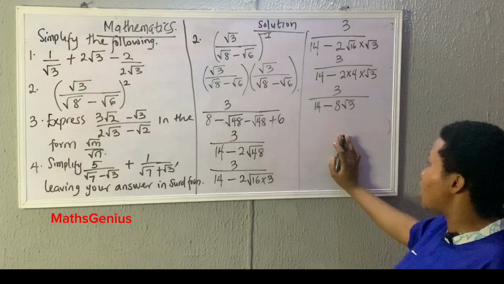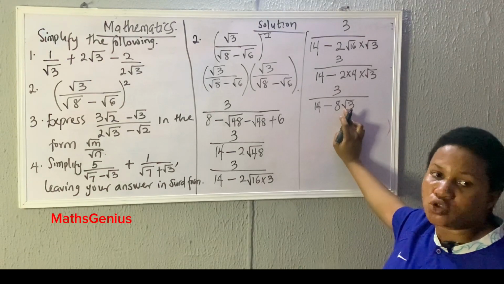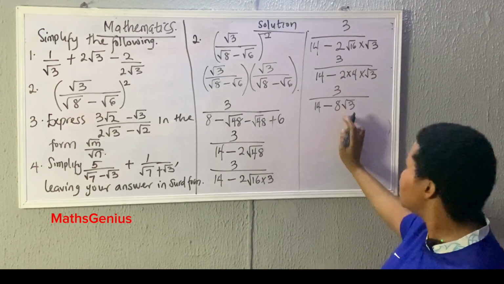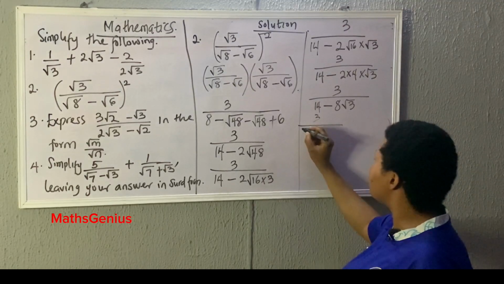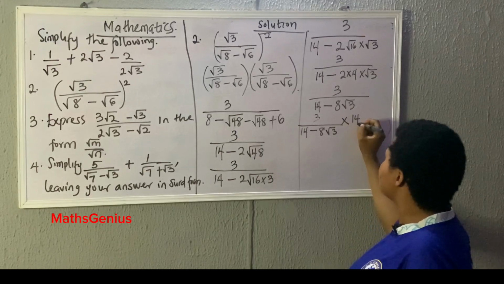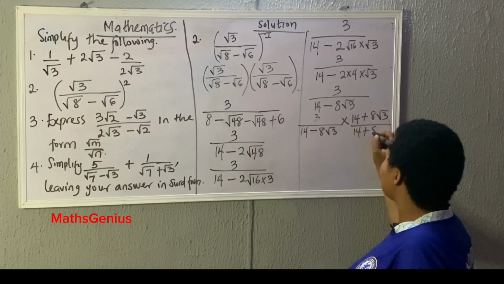We can't stop here. We have to go further because we are still having a surd in our denominator. So we are going to rationalize using the conjugate. So we have 3 over 14 minus 8 root 3 times 14 plus 8 root 3 over 14 plus 8 root 3.